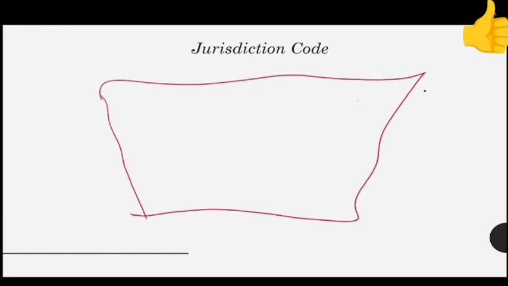Let's talk a brief bit about what's a jurisdiction code. The jurisdiction code, for our purpose, basically is something that's used in the US for tax. If you take the map of America, there are different states, right? And then Illinois is right here. And in Illinois, there are so many counties and districts.